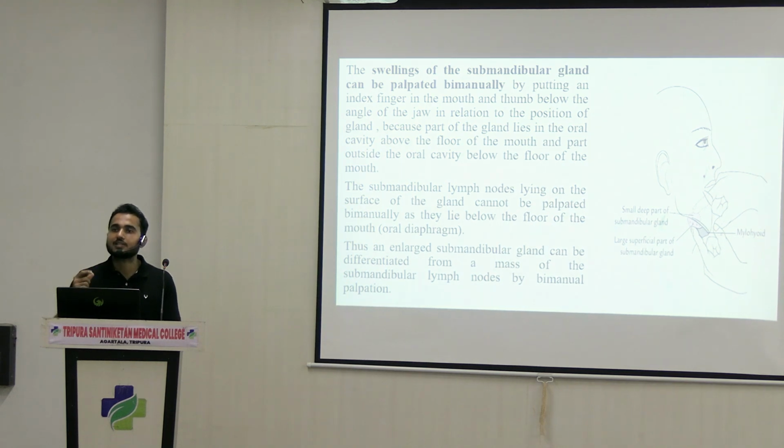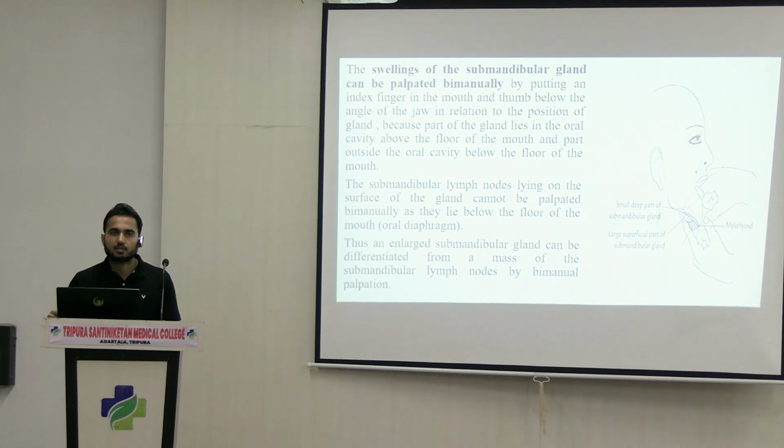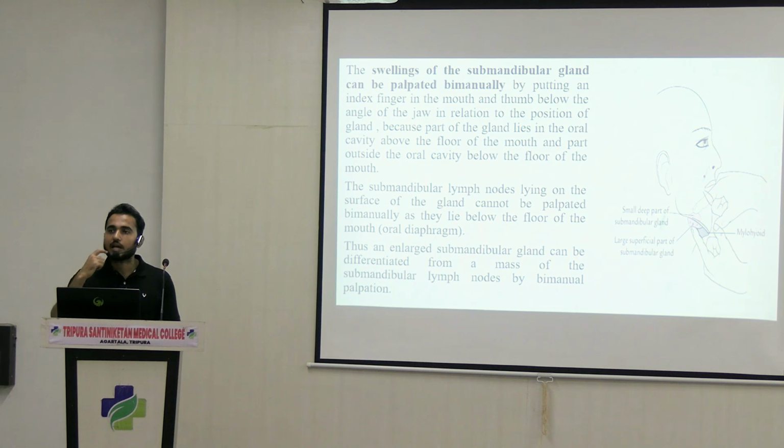Swellings may occur if there is enlargement of the lymph node; that is one type of swelling. Other swellings are also there. Suppose any infection is there, the gland swells. Or in some other structures in that area, swelling is there. That differentiation can be done with the help of bimanual palpation of the gland.